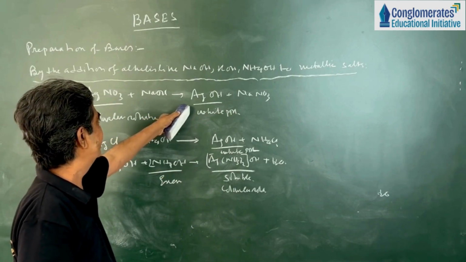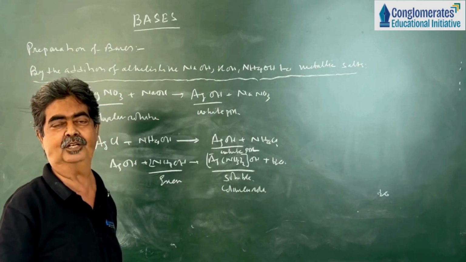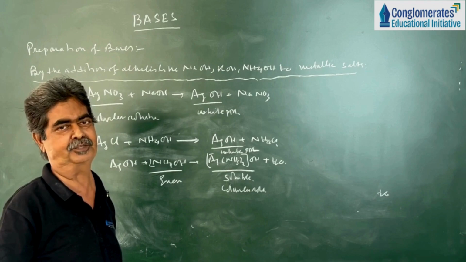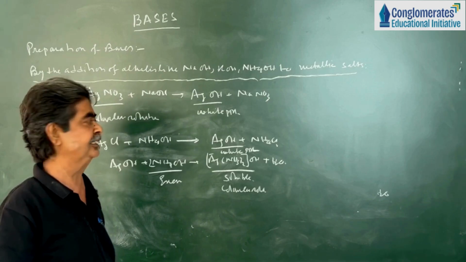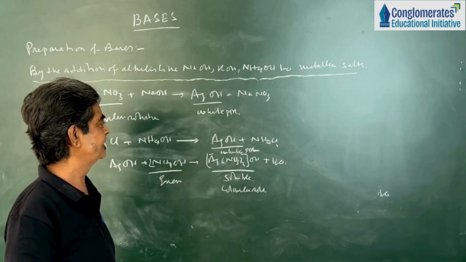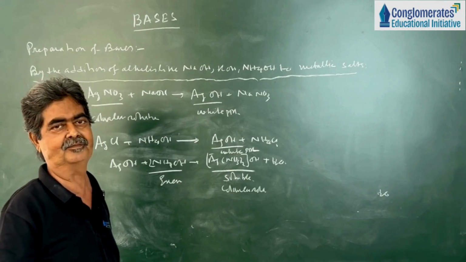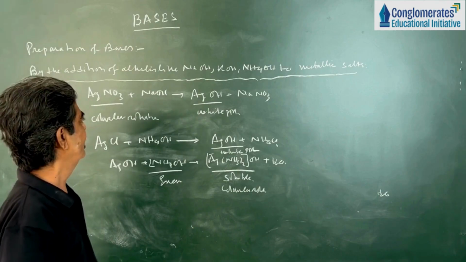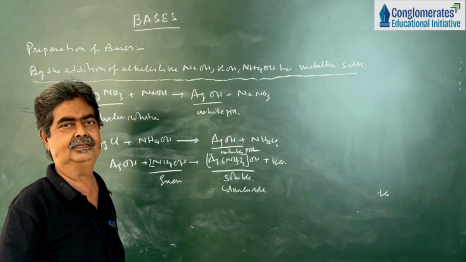But in excess sodium hydroxide, it doesn't dissolve. Silver hydroxide doesn't dissolve in excess of sodium hydroxide or potassium hydroxide. But silver hydroxide dissolves in excess ammonium hydroxide because it forms a complex compound known as diamine silver hydroxide, which is soluble in water, and it is a colorless solution. Okay. So I have discussed the silver ion, copper ion, and zinc ion.